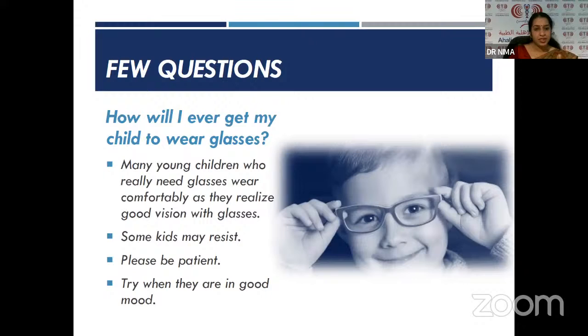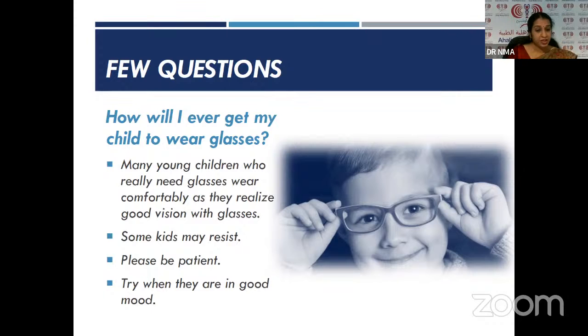Then these are a few questions which many of you will be having in your mind. How will I ever get my child to wear glasses? That is, for many young children who really need glasses, the parent may be asking the doctor whether he or she will wear glasses. So I usually tell them, if the child can see clearly and definitely needs glasses, he will wear them comfortably.